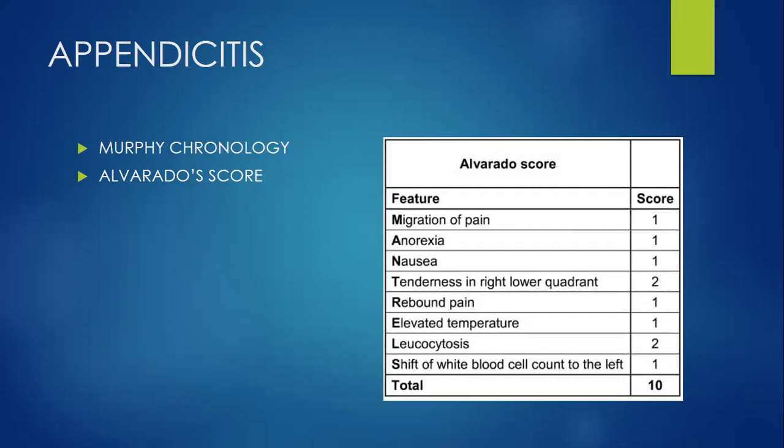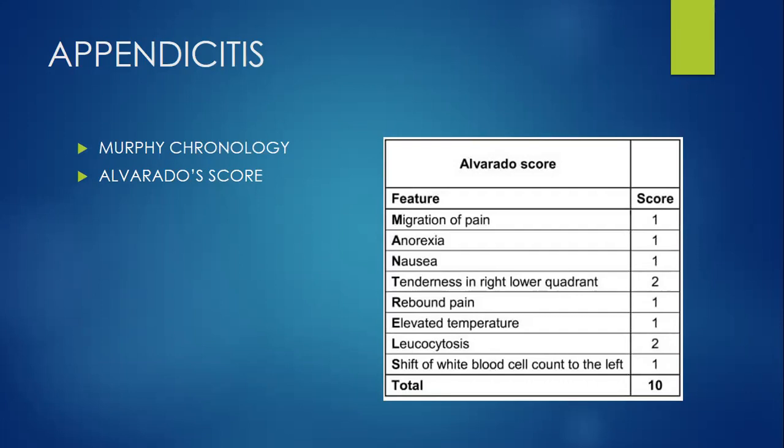Then, how does it evolve? What's the next step? The patient feels nauseated, nausea, right? And vomiting. And then, right after nausea and vomiting, the pain migrates into the lower right quadrant, right? And that would be it.